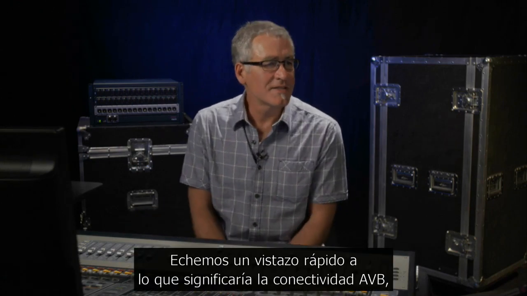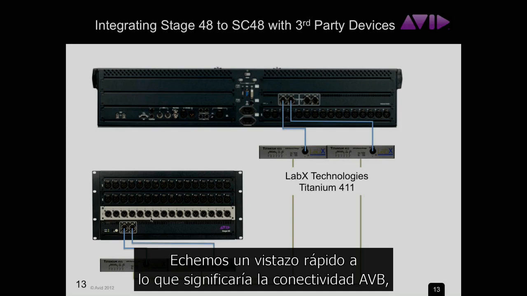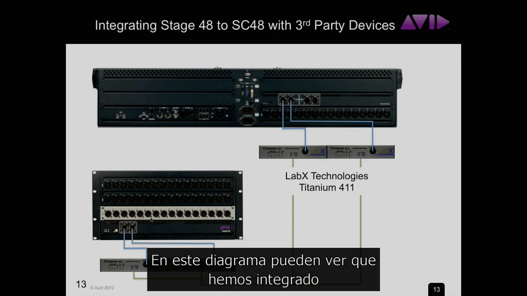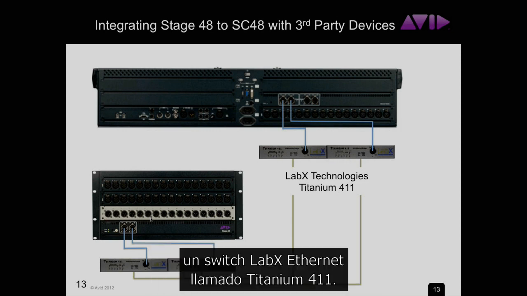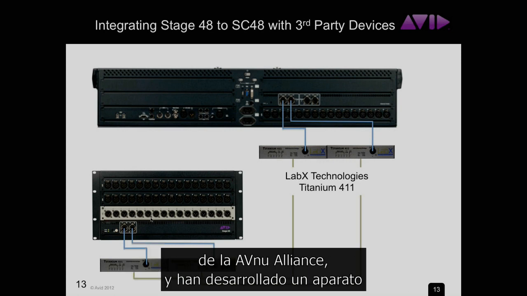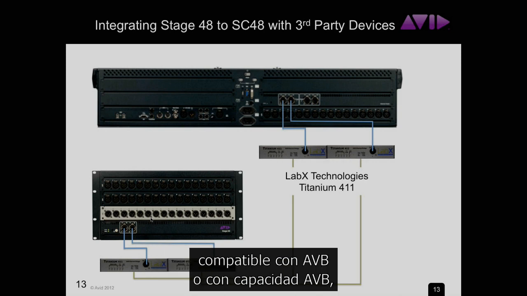So let's get a glimpse of what AVB connectivity might mean and consider this configuration for SC48 remote. In this diagram here, you can see that we've incorporated a LabX Ethernet switch called the Titanium 411. If you notice on the previous slide, LabX was one of the promotional partners for the AVNU Alliance, and they've developed a device that is AVB compatible, or AVB capable.